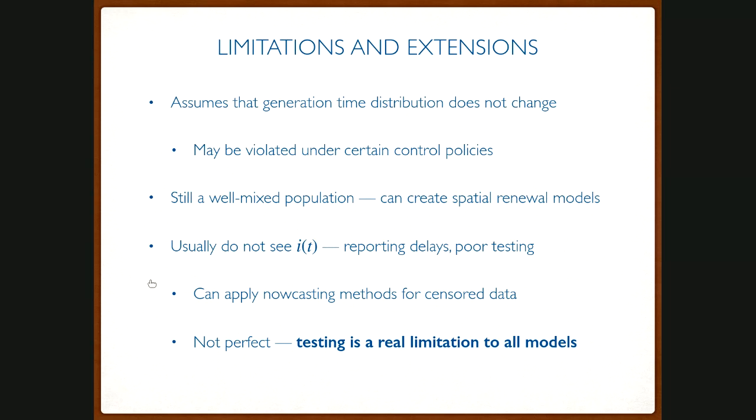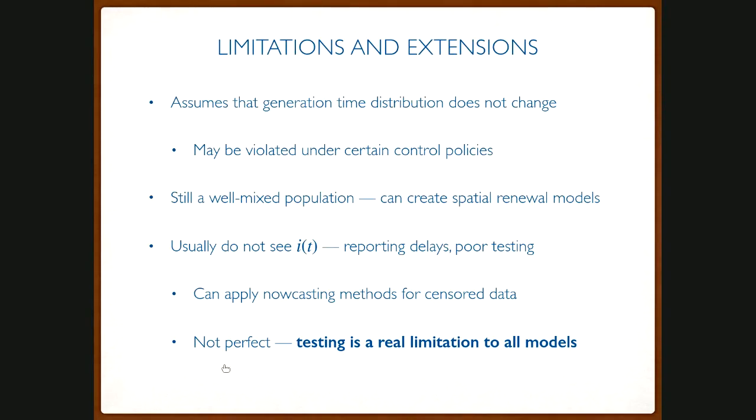And probably one critical point that comes out from the second type of approach is that we do not usually see I of t, which is the number of new infections at time t. That's because of reporting delays or bad testing. There is some way to account for that by what are called nowcasting methods, in which they have a model for how many infections might be missed, but that's still imperfect.